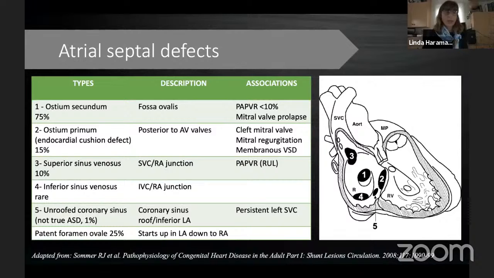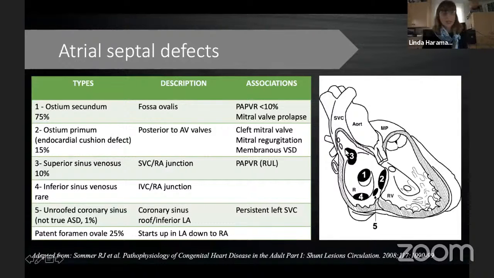Then the remaining lesions are hemodynamically similar to ASD, but they're not really considered true atrial septal defects because they're not exactly defects in the interatrial septum, although they result in interatrial communication. So number 3 right here, we see the superior sinus venosus defect. It's a defect in the sinus venosus at the SVC right atrial junction.